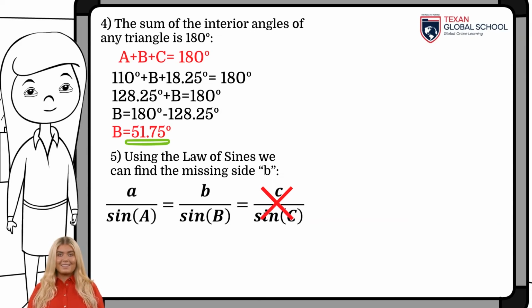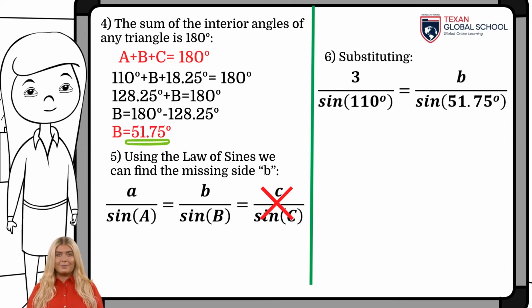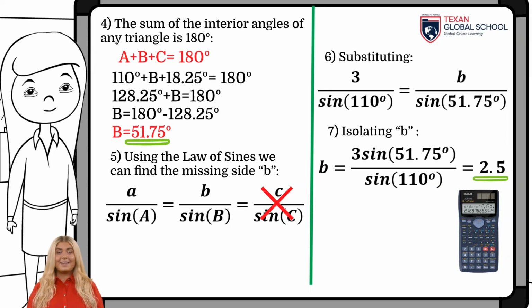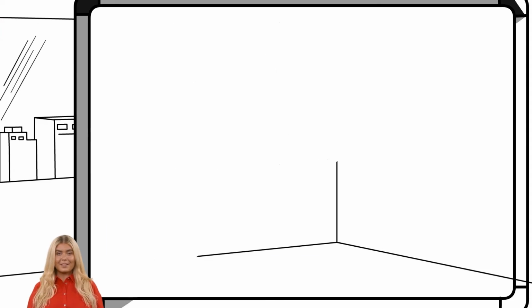Finally, using the law of sines again to obtain the missing side b, we have the angle A of 110 degrees with its opposite side a of 3, and the angle B equal to 51.75 degrees with its missing side b. Substituting and isolating the variable, it results that b is equal to 2.5.